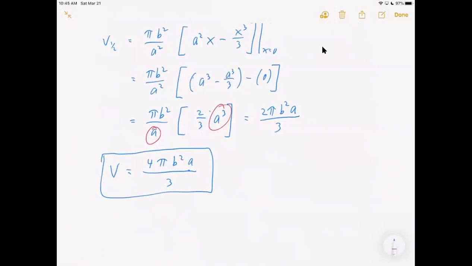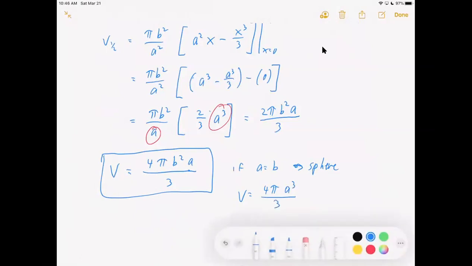Now let's check if this actually makes sense. If a equals b, that would mean we have a sphere. So if a equals b, we could put in that the volume is equal to 4 pi, we'll just put a in for b, so we'll get a cubed over 3.